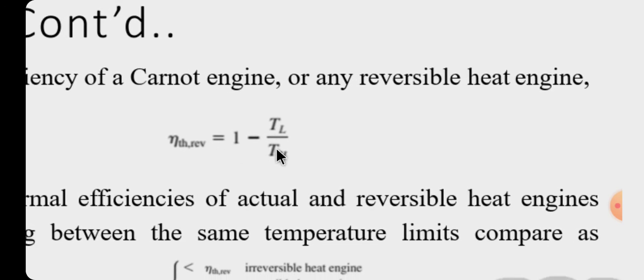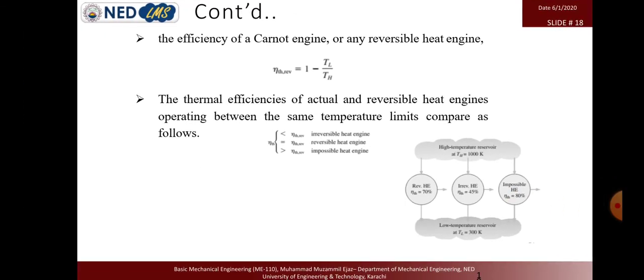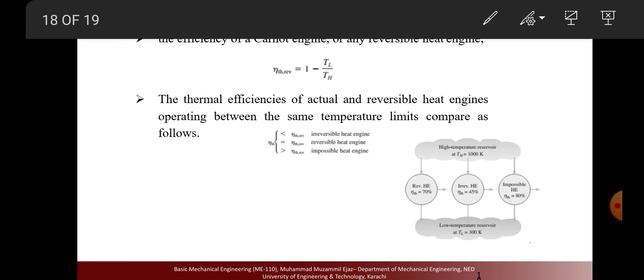We get the formula of thermal efficiency, which is W net upon QH. We can convert this formula into temperatures. I will write the derivation here. We have the heat engine formula: efficiency is W net divided by QH.